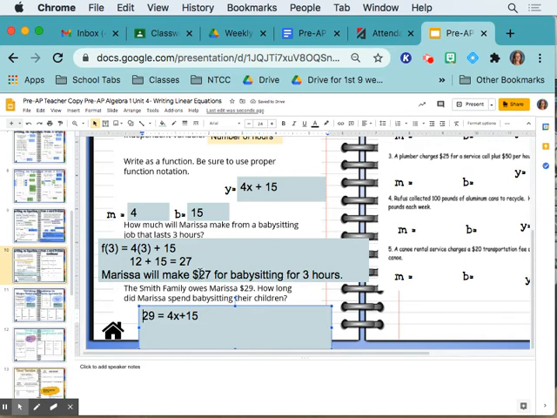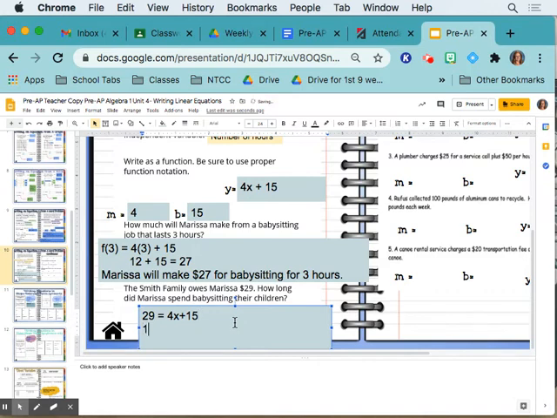So yeah, just like Ellie Kate said, we got $27 for 3 hours. If you do $4 more for another hour, but she only went up 2, so that means half an hour. If you were to solve this equation out, you would get 3.5. You'd subtract 15 on both sides. If we subtract 15, what do we get? 14?